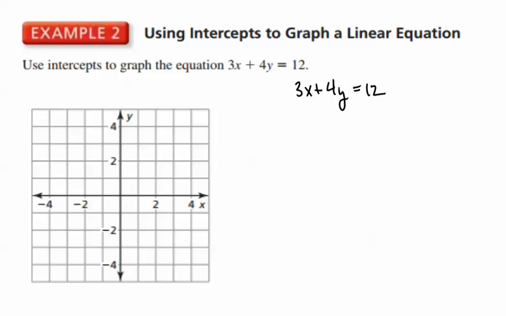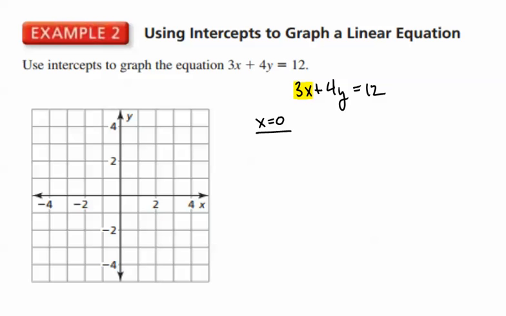And since along the y-axis x is equal to 0, the first thing that I'm going to do is set x equal to 0. I can do that. I can make x 0 and then find out what the y-coordinate is, and that will tell me where the graph crosses the y-axis.